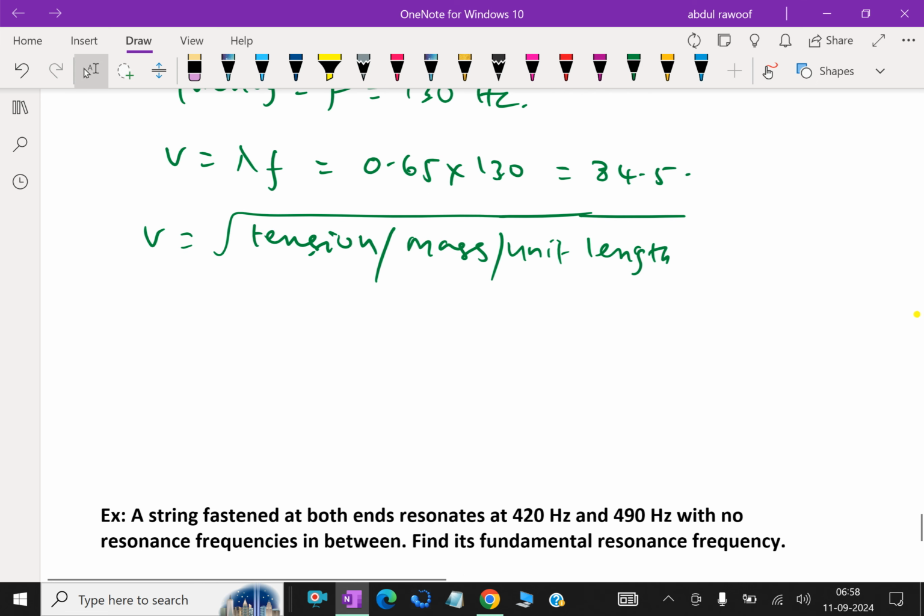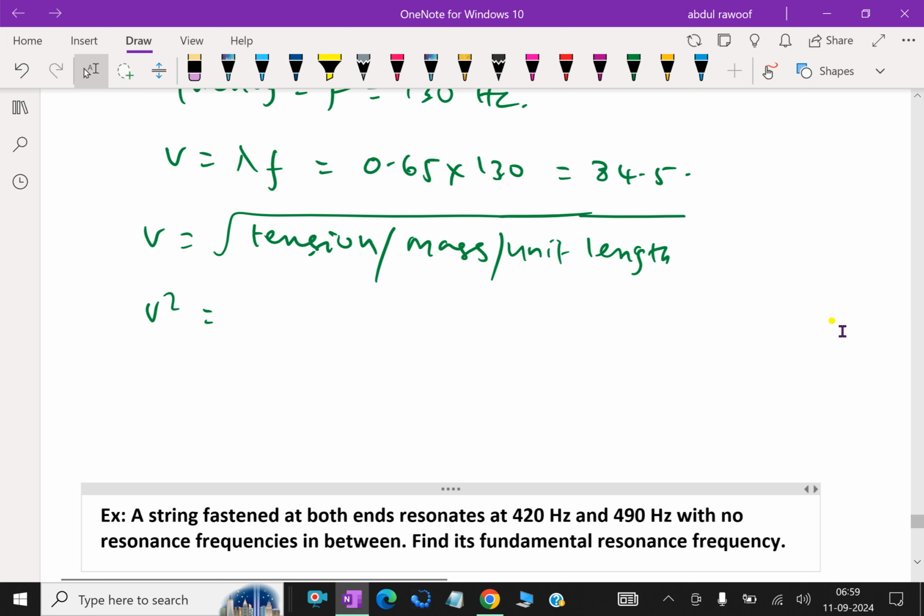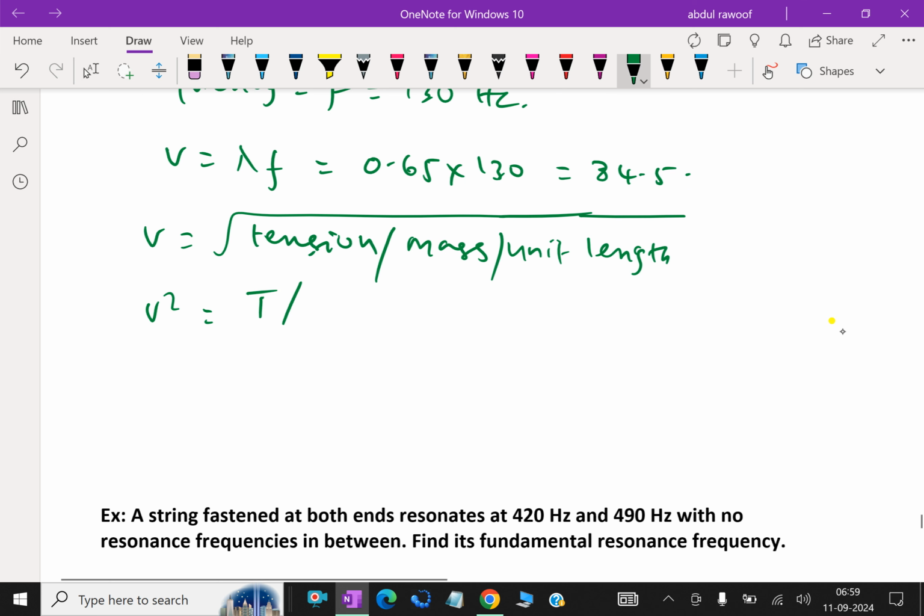Now squaring both, v square equal tension T over mass per unit length. From this, tension equal v square into mass per unit length.